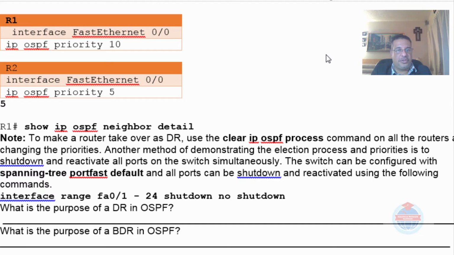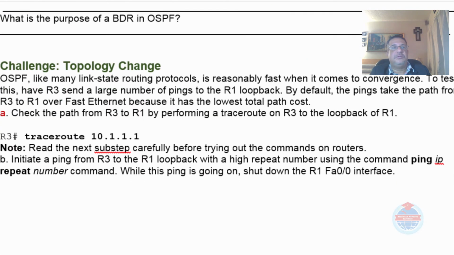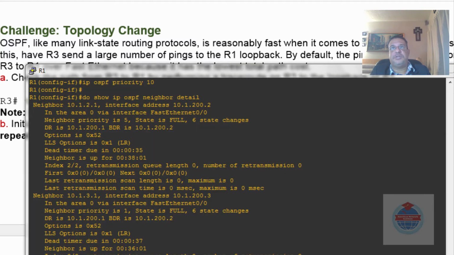So let's double check. What else do we have? Topology change. OSPF, like many link state routing protocols, is reasonably fast when it comes to convergence. To test this, send a large number of pings to R1 loopbacks. Okay, let's do that.